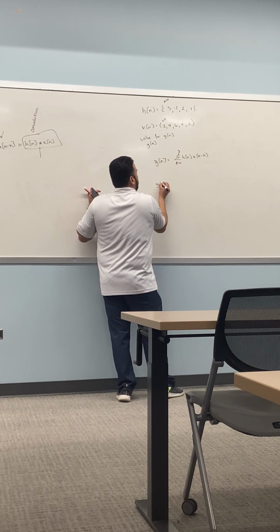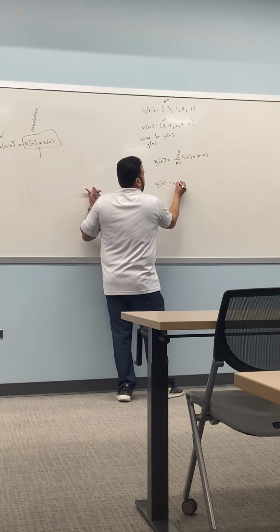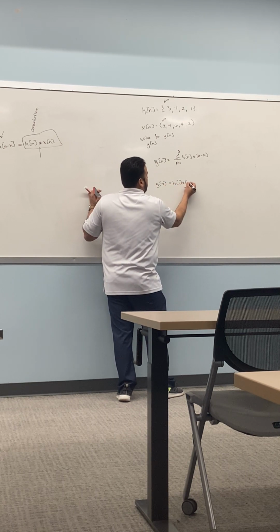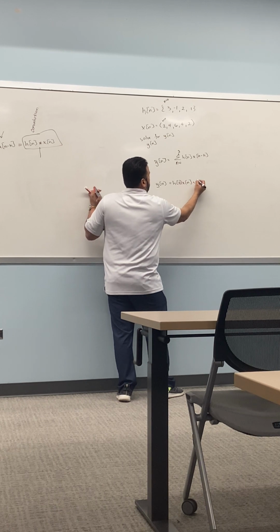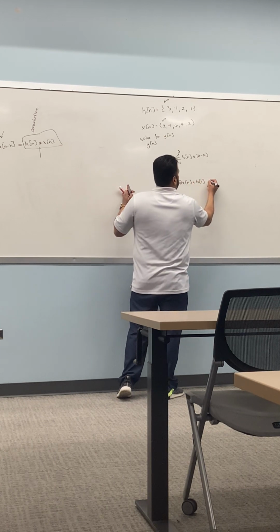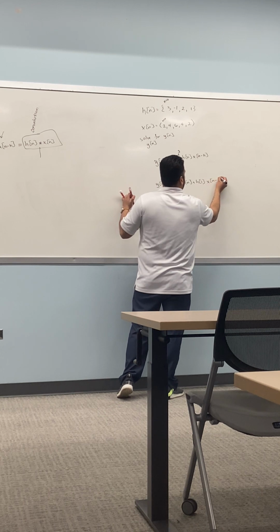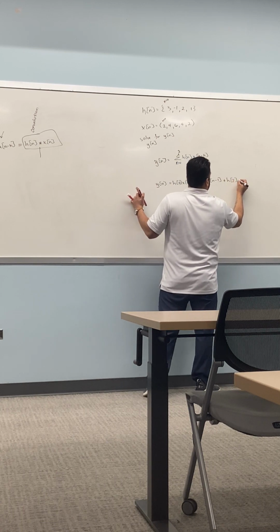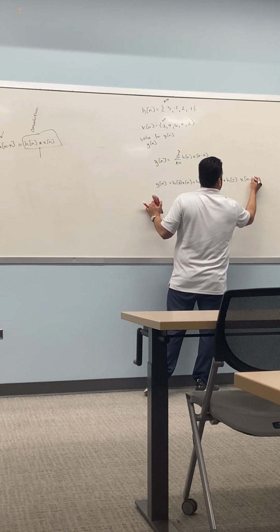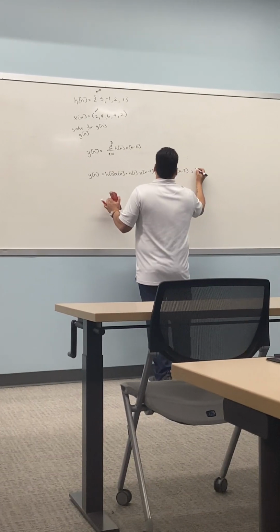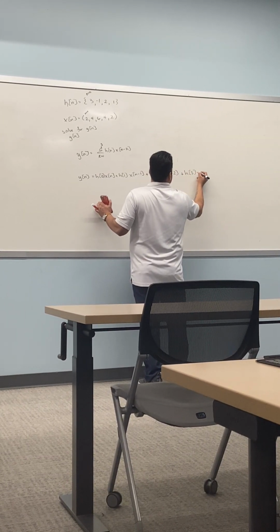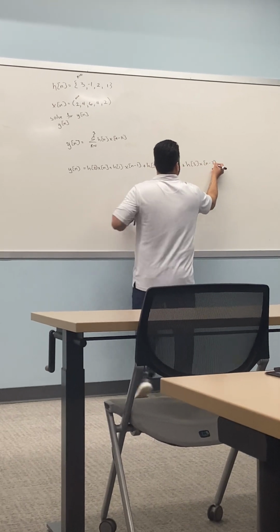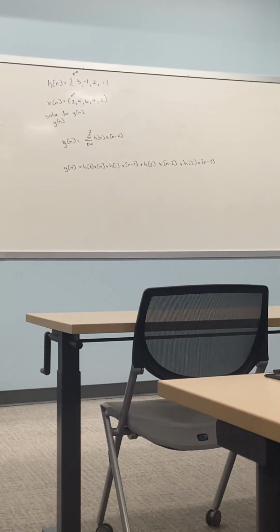So in a very explicit way, it's h of 0 times x of n, plus h of 1 times x of n minus 1, plus h of 2 times x of n minus 2, plus h of 3 times x of n minus 3. This is a very explicit way to write it. For everything else, I don't care because it's going to be 0. Start at 0 all the way to 3.